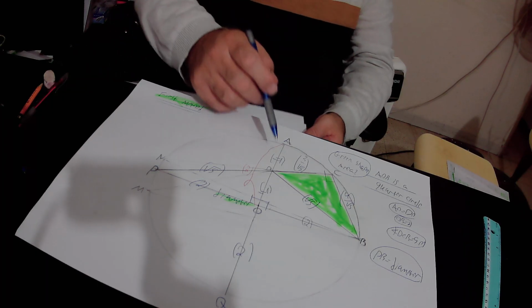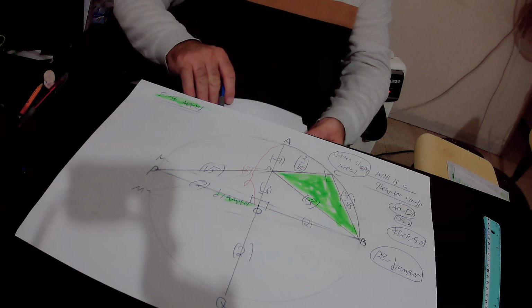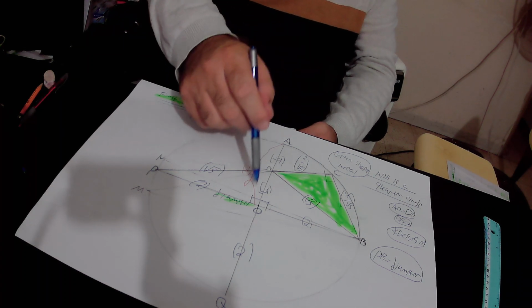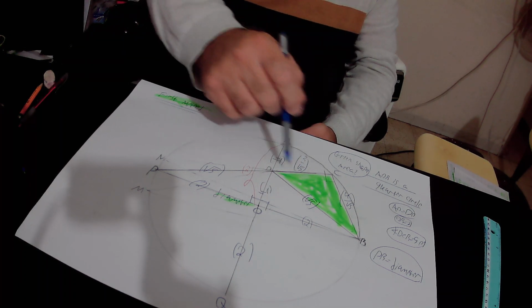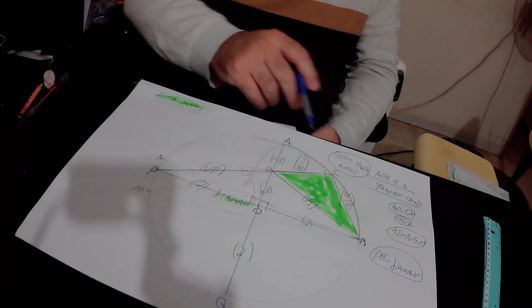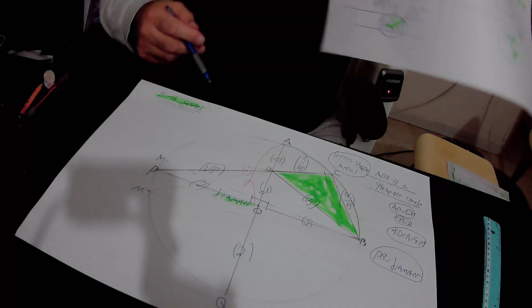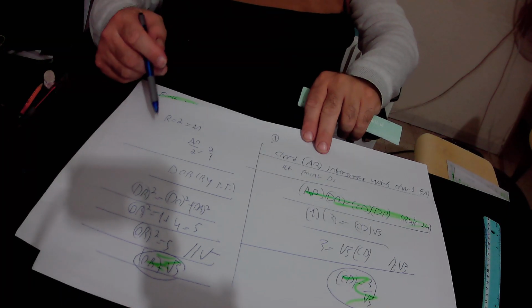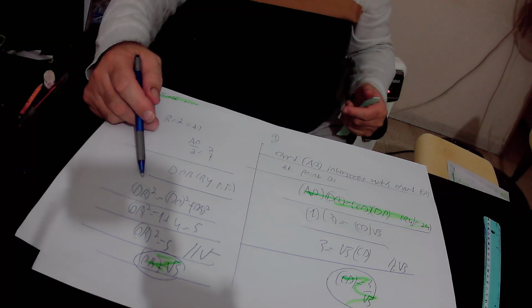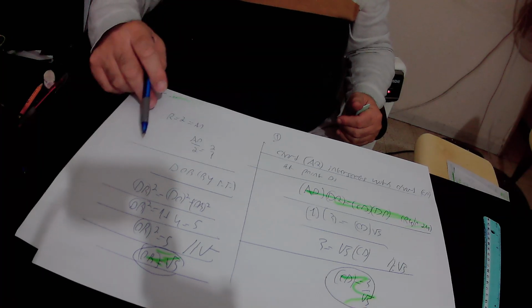But first of all, we implement the Pythagoras theorem on this triangle DOB. In this triangle DOB, DB squared, that is the square of the hypotenuse, equals DO square plus OB square.